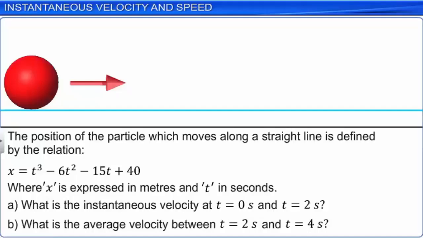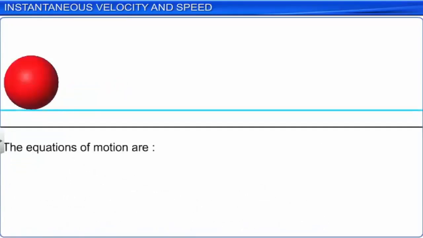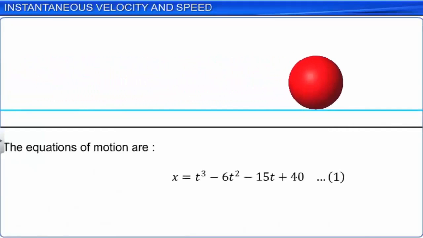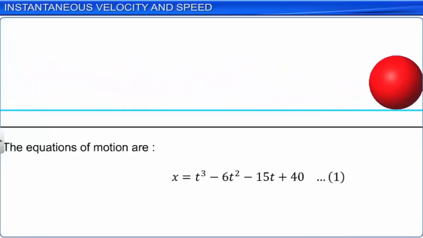Solution: the equations of motion are x = t³ − 6t² − 15t + 40, and v = dx/dt = 3t² − 12t − 15.